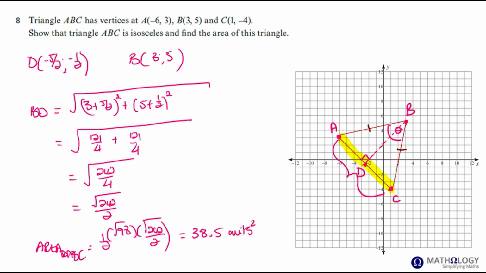Now that we have the coordinates of D, we can determine the length of BD using the distance formula. So BD is root 242 divided by 2, and then finally we can determine the area of triangle ABC, which equals a half AC times BD, and that gives us the same answer of 38.5 square units.